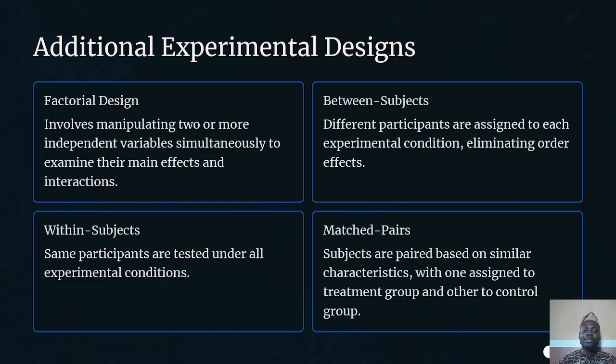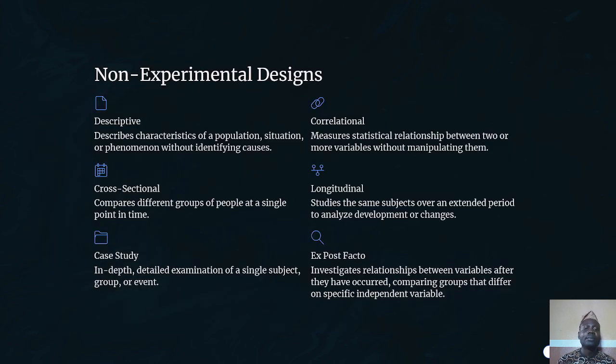And we have the matched pairs, where subjects are paired based on similar characteristics, with one assigned to the treatment group and the other to the control group. Now, we have the non-experimental design.